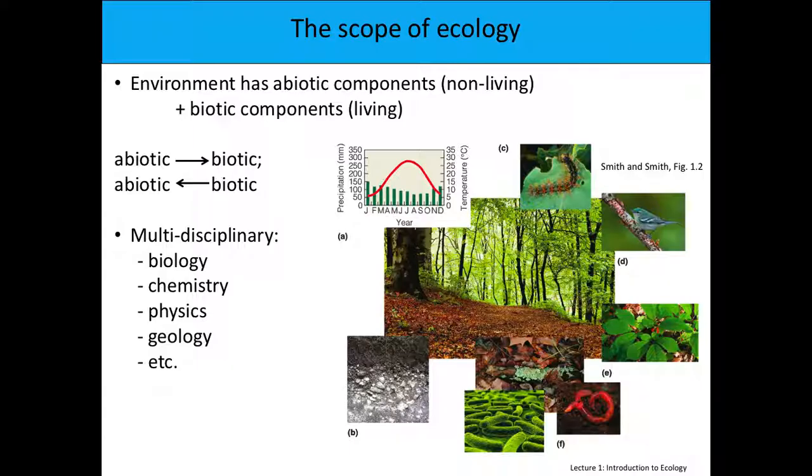I mentioned a little bit earlier, in some of my ramblings, abiotic and biotic components of an environment. Biotic essentially means living component, abiotic is non-living. But if we want to understand any habitat or any ecosystem, we need to integrate both of those parts.